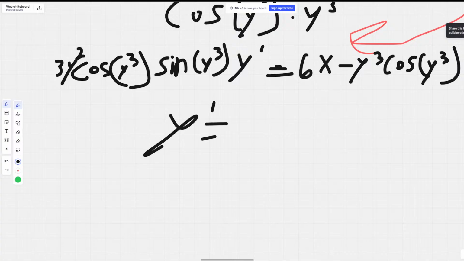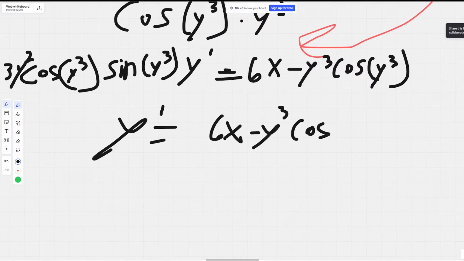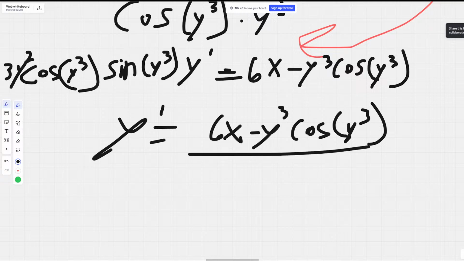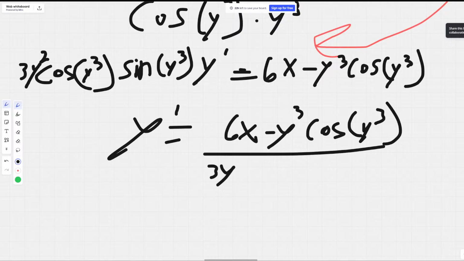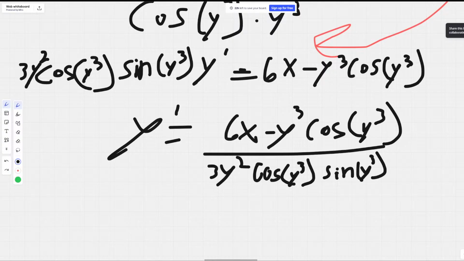then y prime equals 6x minus y cubed cosine y cubed again, all over 3y squared cosine y cubed sine y cubed. Interesting.